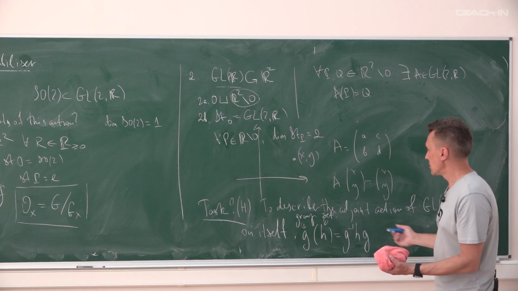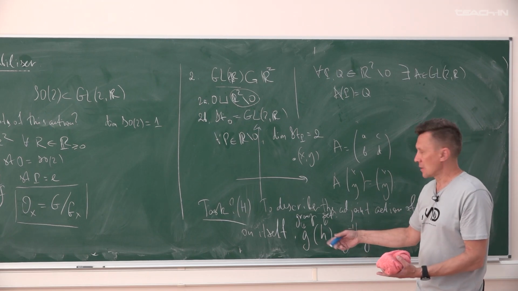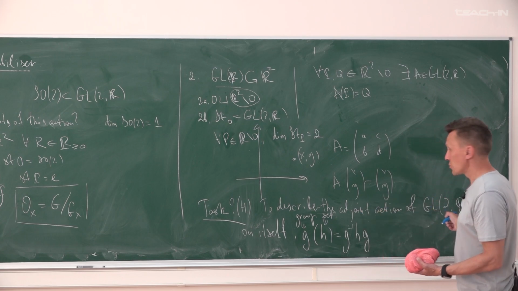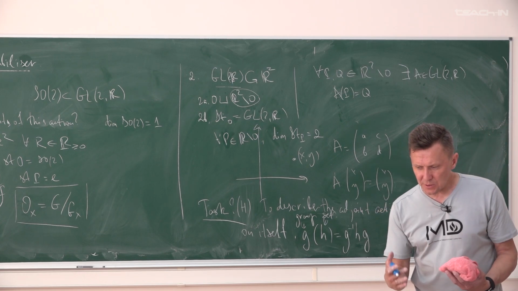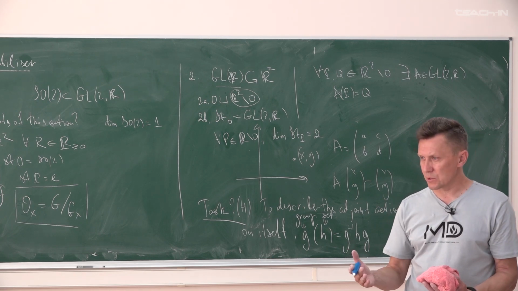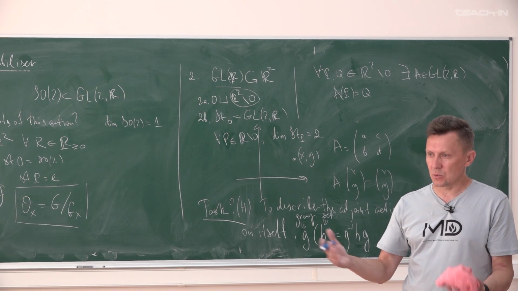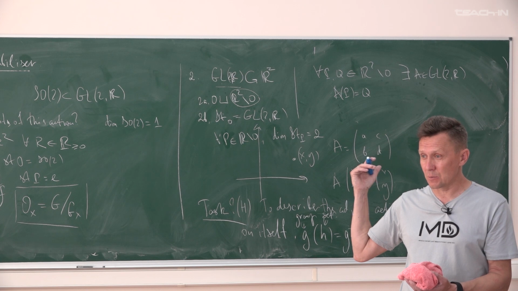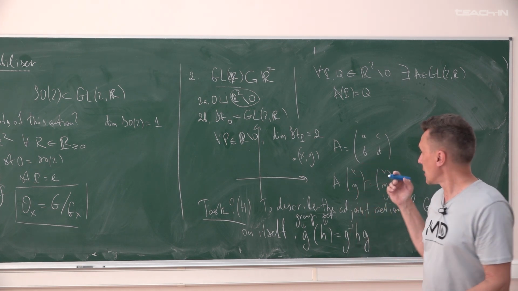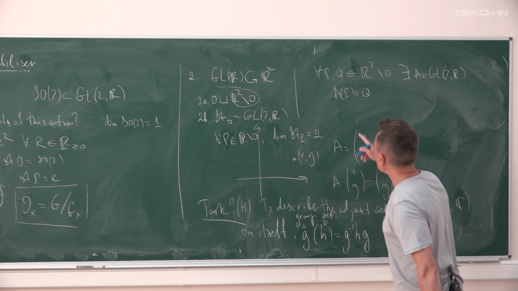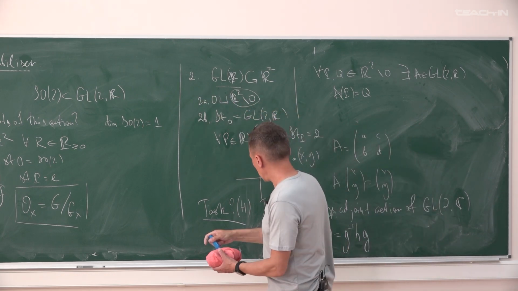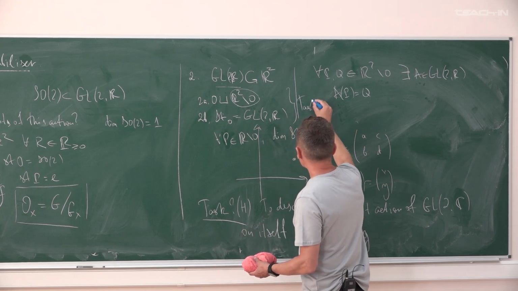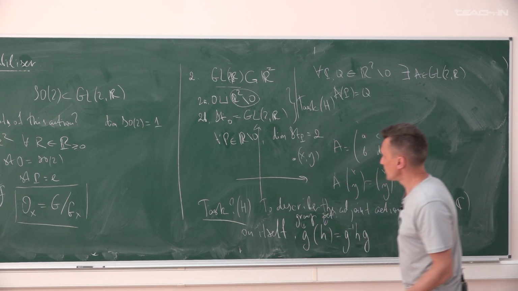After this, the question is to describe how the group GL2(C) is presented as a disjoint union of orbits. What are the orbits? What are the stabilizers of elements in different orbits? There are orbits of different dimensions in this space. I suppose this will also stay as a task for homework. Okay, we finish.